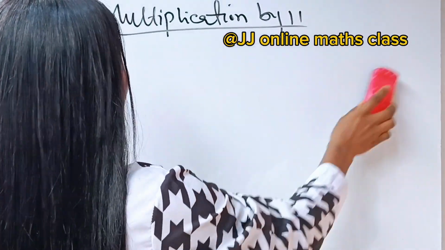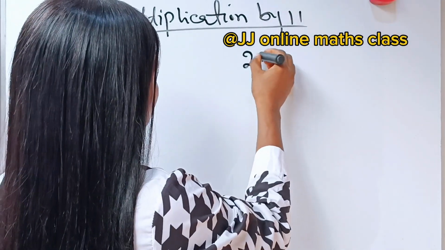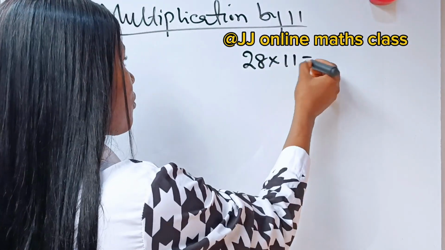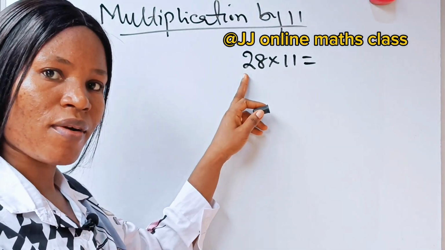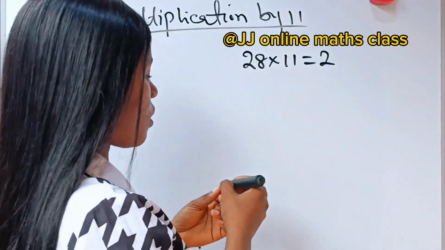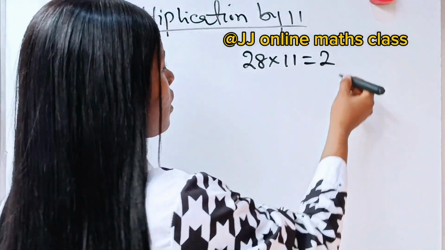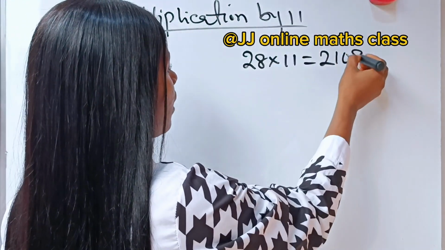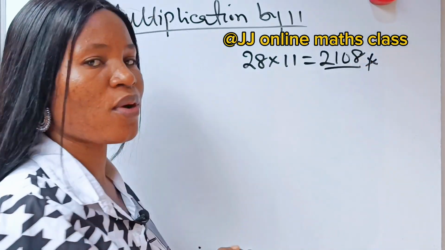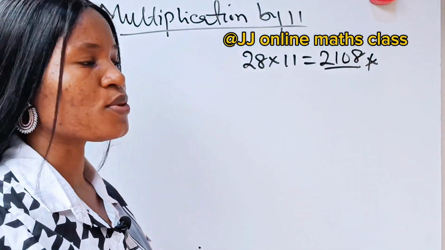For example, if you have 28 times 11, you write your first number, which is 2. But 2 plus 8 is 10. Are you going to write 10? Because definitely if you write 10 and then repeat the last number, this solution is wrong. So what do you do?